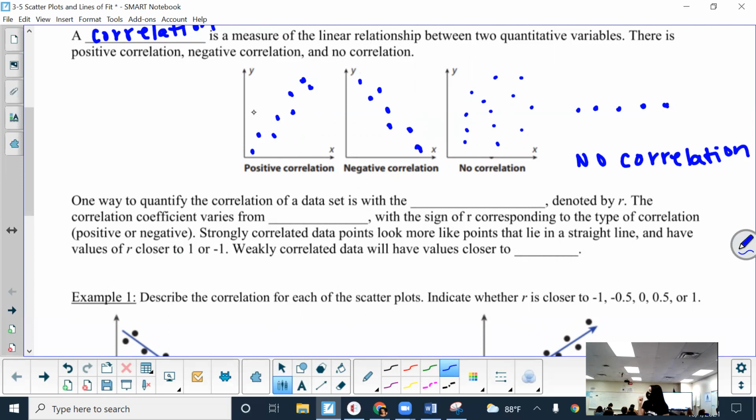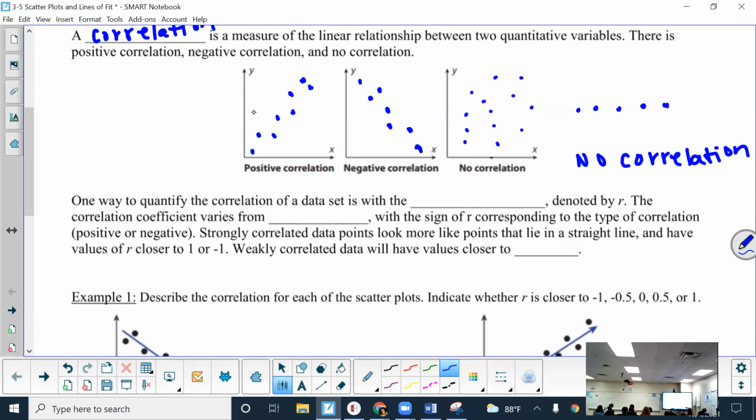Negative correlation is where one increases and the other one decreases. So what do you think about that one? What is an example of negative correlation? What's an example of it? Like a real world example. Spending money. Good. So the more money you spend, the less you have in your account, right?